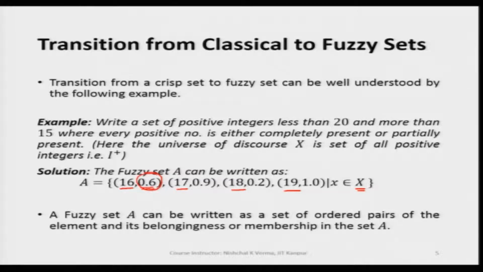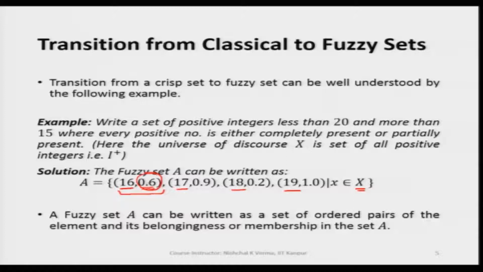So, this 0.6 is the membership value of 16. These two, 16 and 0.6, are very important to be included together in the set, and since it is not 100% present, we need to know with what degree it is present.